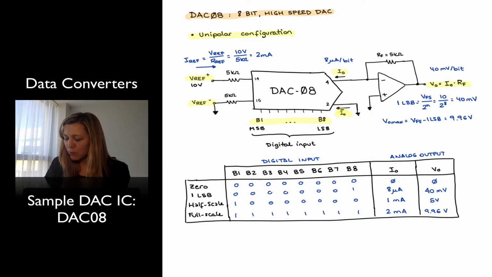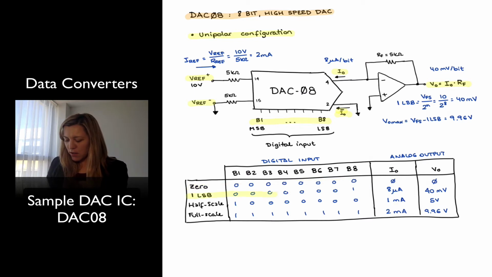And if you look at the table provided in the datasheet, you will see that that's more or less what we're getting. I've added there 4 possible values for the digital input: a value of 0, where all my bits are set to 0. That will be the first line here. You'll notice I expect both my output current and my output voltage to be equal to 0, and that's what I get in the table, which is again just taken out of the datasheet for the device.